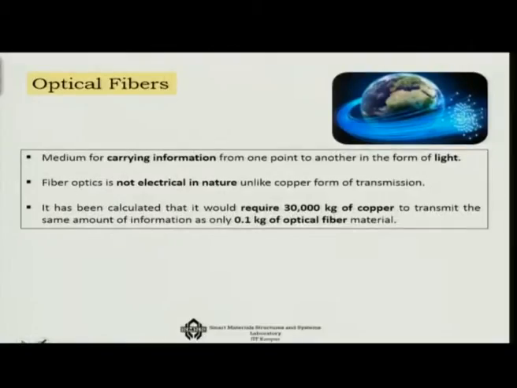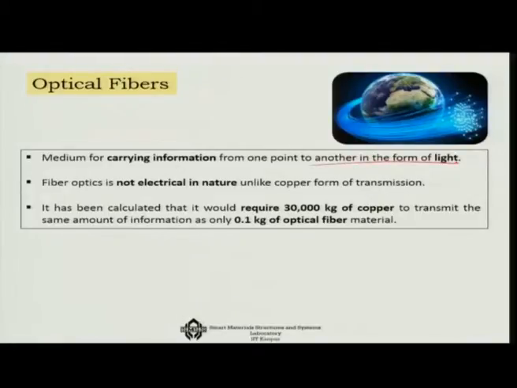In today's world, the biggest revolution that has taken place is that, compared to the early part of the 20th century, when information used to be carried in the form of electrical signals, today in most places the information is carried in the form of light.